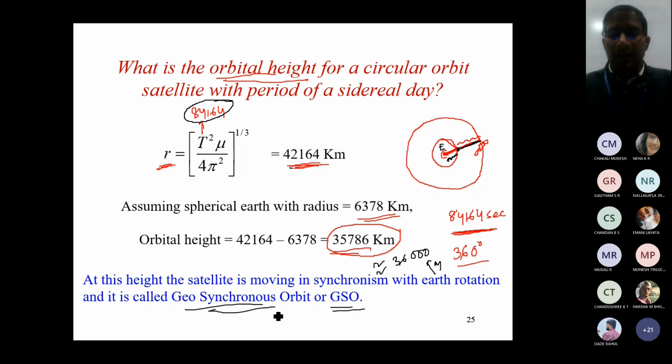So those satellites are called geosynchronous satellites, and this orbit, which is located at an altitude of 35,786 kilometers from the ground surface, or 42,164 kilometers from the Earth's center, is called the geosynchronous orbit, or GSO.